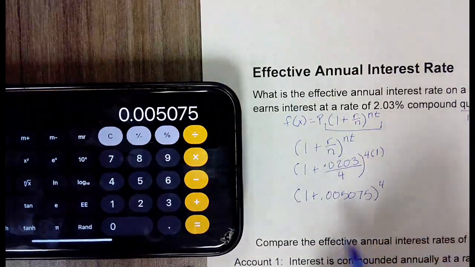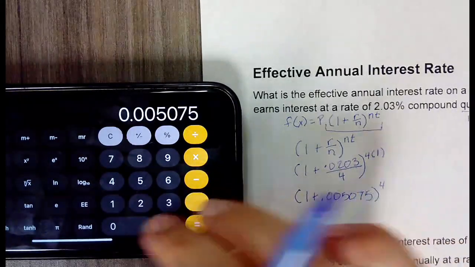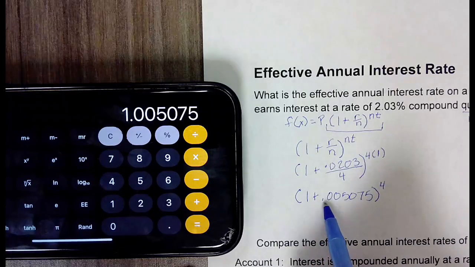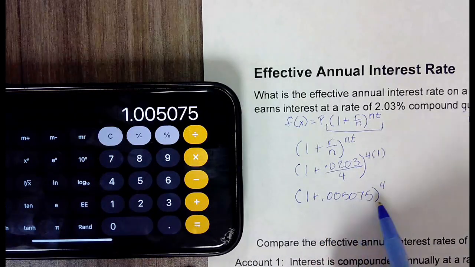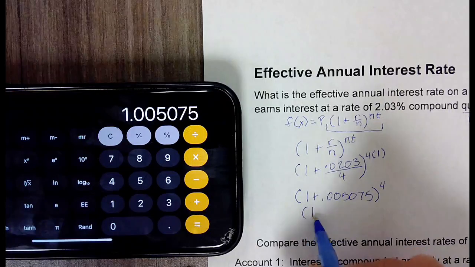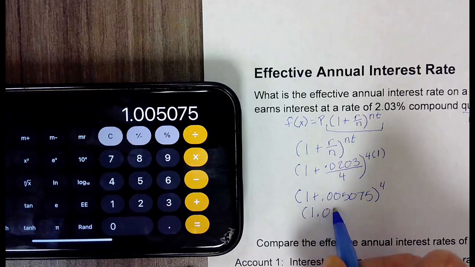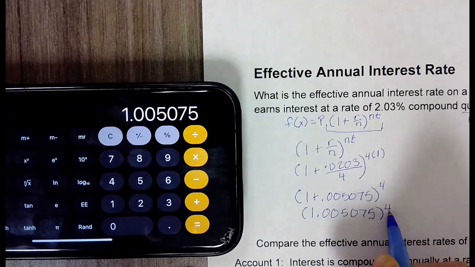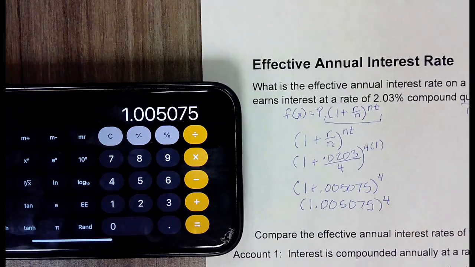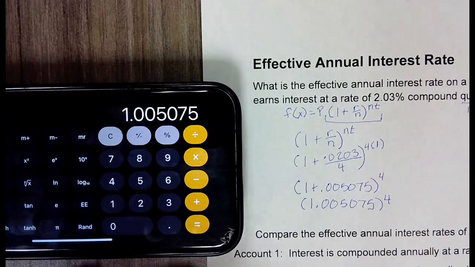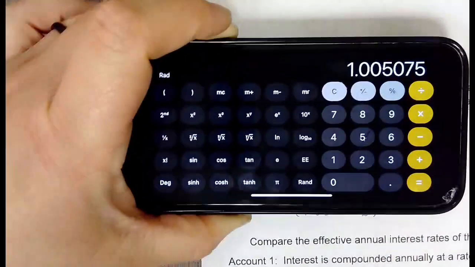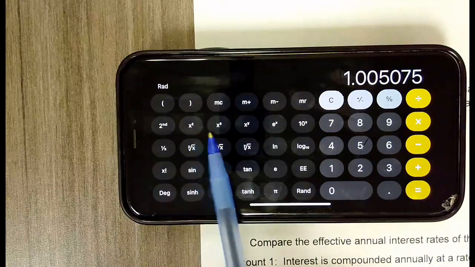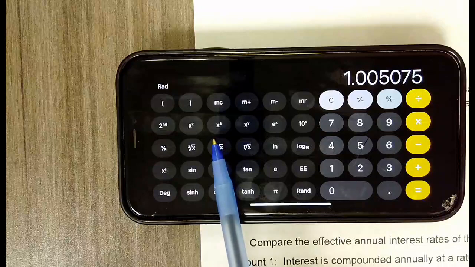Now, I'm going to add 1 to this. I'm going to do what's in the parentheses. So 1 plus 0.005075 is going to be 1.005075 to the power of 4. And finally, I'm going to use my exponents button here because I only have to the power of 2 and to the power of 3 that I can just touch the button for.